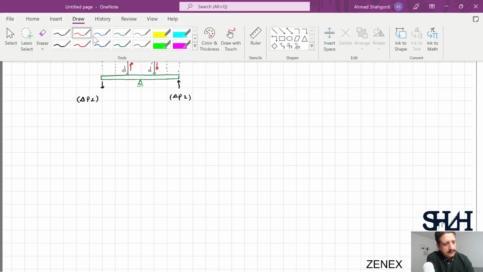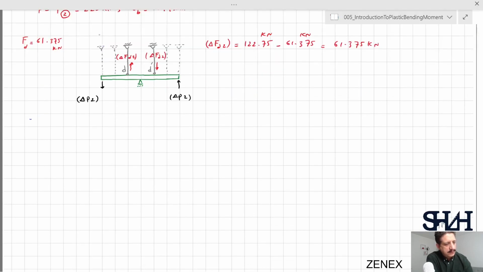Now we can write the bending moment equation with respect to point A. So delta P2 times 3A times 2 minus delta FD2 times A times 2 equals 0.